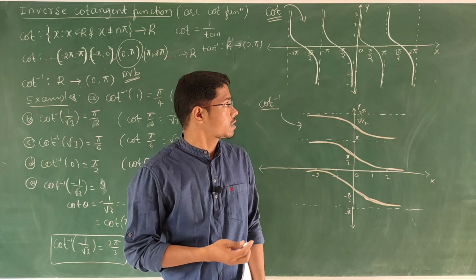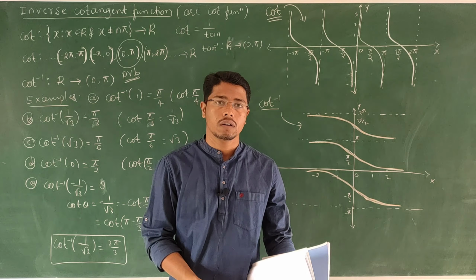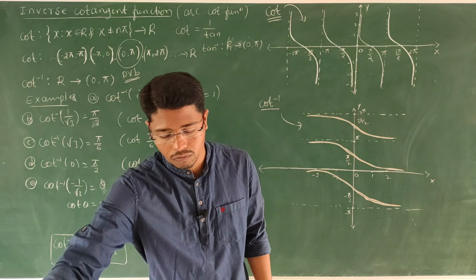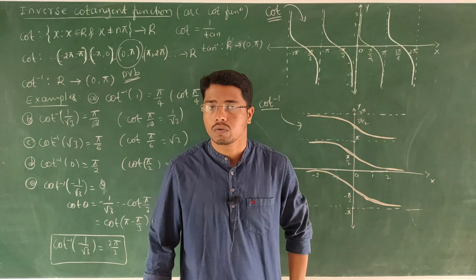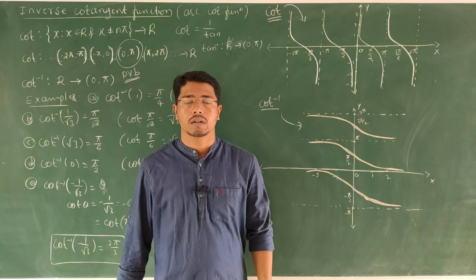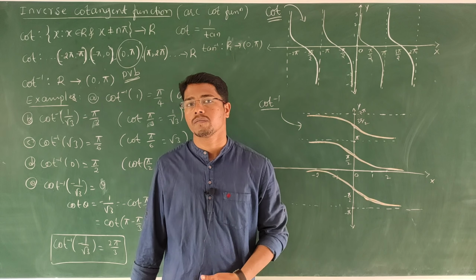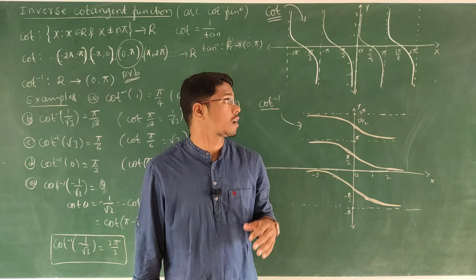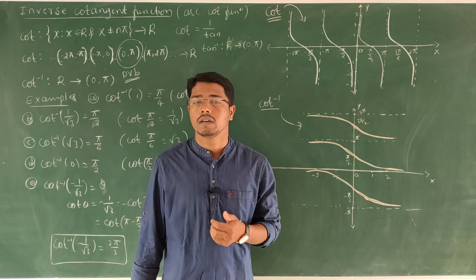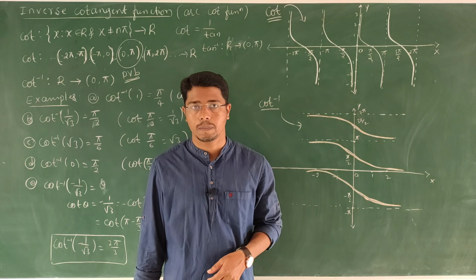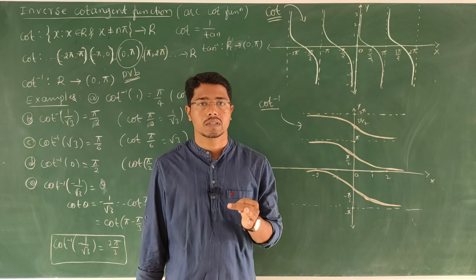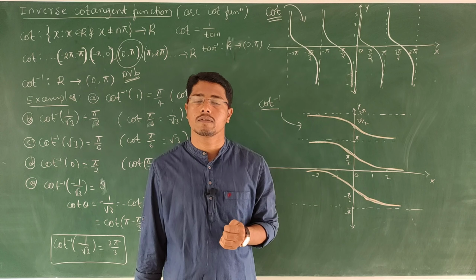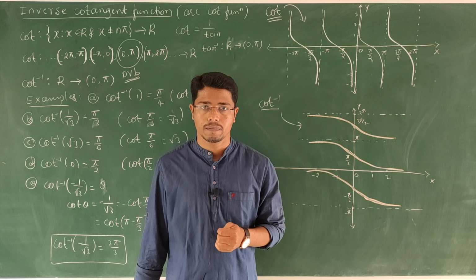Dear students, this is about the cot inverse function, the inverse cotangent function or arc cot function. These are all the 6 standard inverse trigonometric functions: sin inverse, cos inverse, tan inverse, cosec inverse, sec inverse and cot inverse.